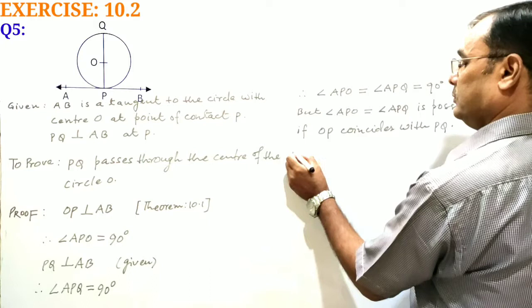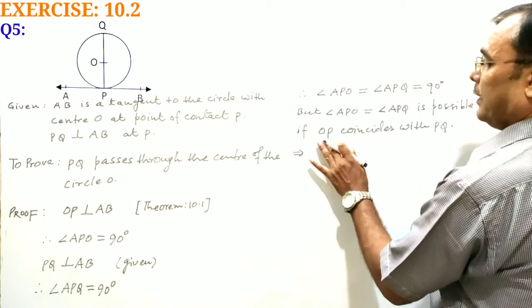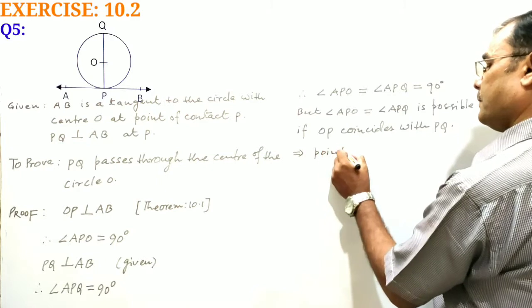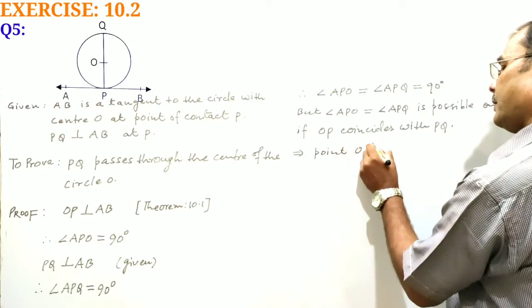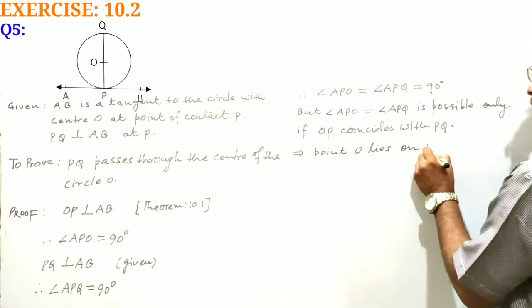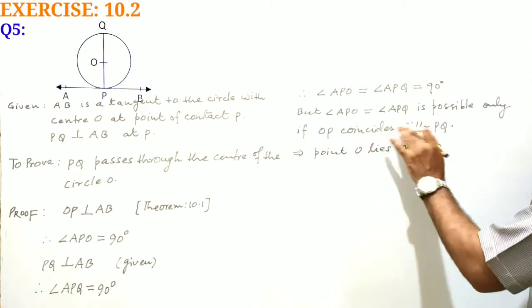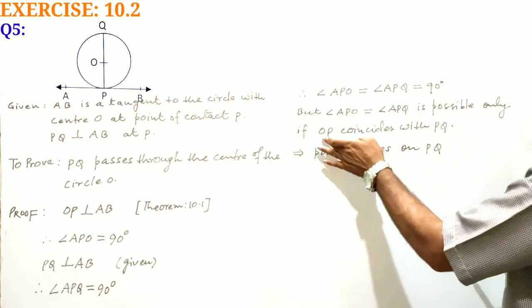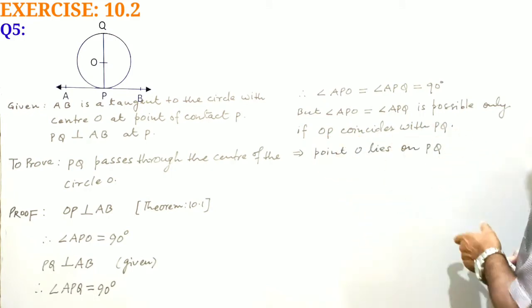So this implies that point O lies on PQ. When OP coincides with PQ, P is a common point, so point O lies on PQ.